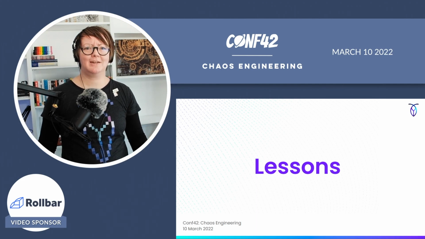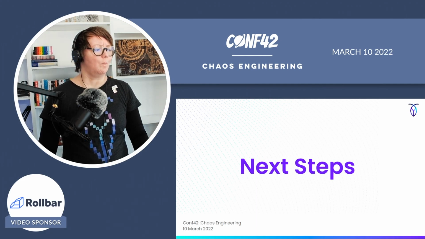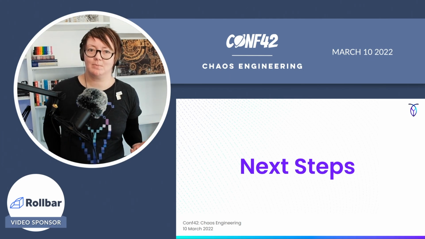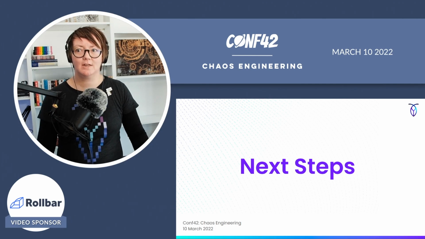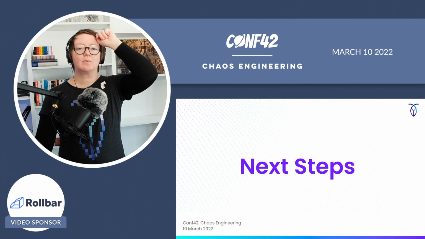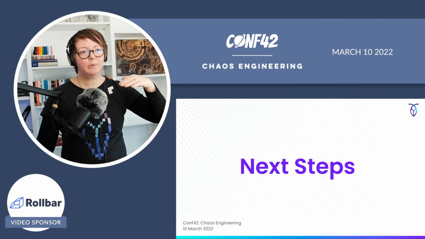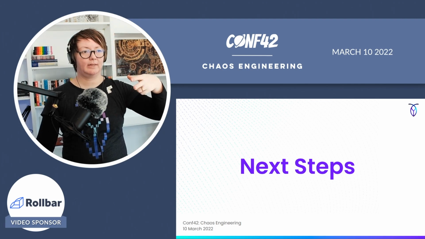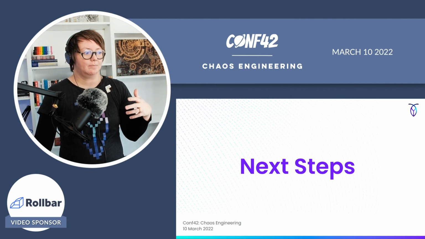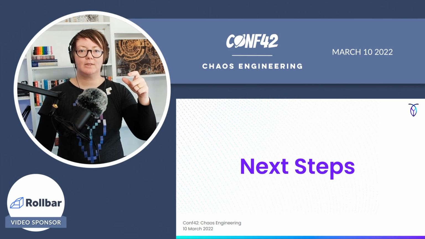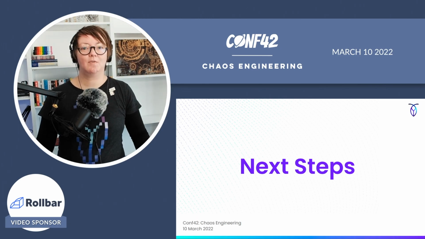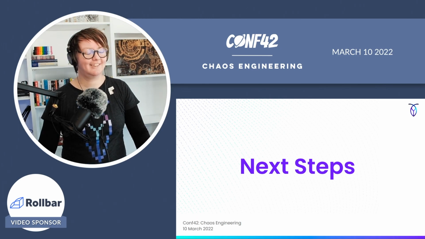So let's talk about the next steps. 1, I'd like to try those original platforms that I had in mind, Netlify, Vercel, Heroku. I would like to spin up an application, it can be just a leaderboard or a website on one of these platforms that I'm more comfortable with, and see if I can get Gremlin to recognize it and test it.